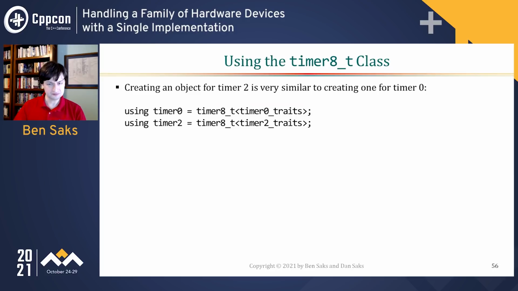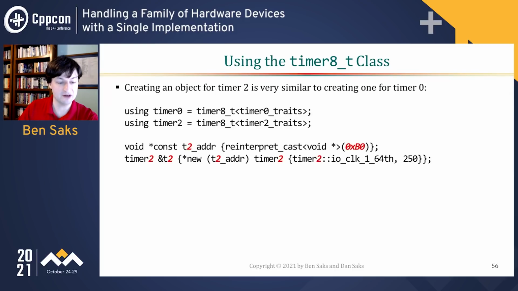So using this type, we now have this class template. We can now create objects for timer 2, very similar to the way that we created objects for timer 0. So the user can go ahead and create an object of type timer 2, where timer 2 is an alias for a specific specialization of this template, just to make things a little bit easier to read.